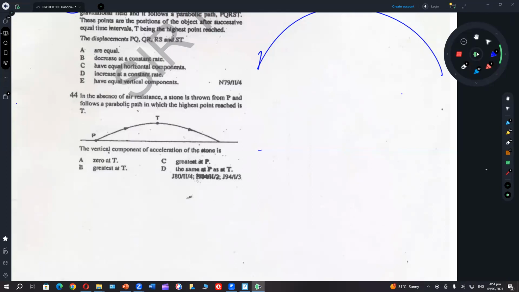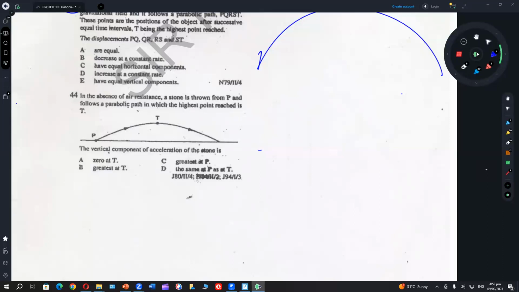In the absence of air resistance, a stone is thrown from P and follows a parabolic path in which the highest point reached is T. Read this question carefully. The examiner will try to trap you so you mark a wrong answer. Is it D? Because it's 0 at both P and T?